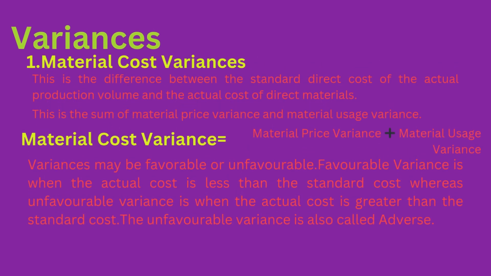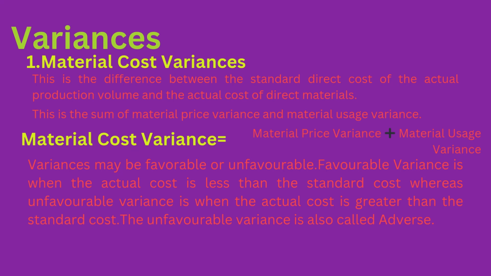Variances are subdivided into material cost variance, labor cost variance, and overheads variance. In overheads variance, we have the variable overhead, and we also have the fixed overhead. Variances may be favorable or unfavorable. Unfavorable variance is also called adverse.